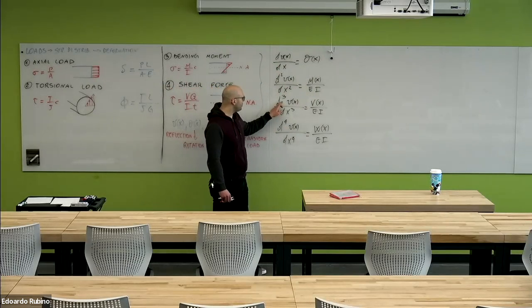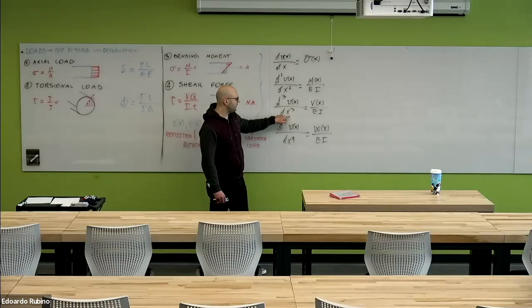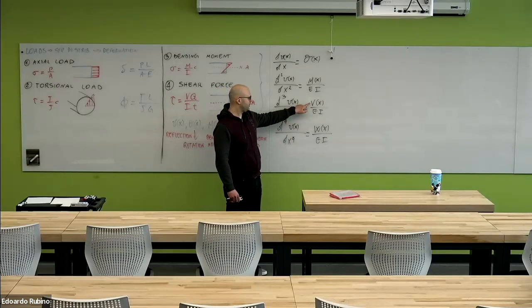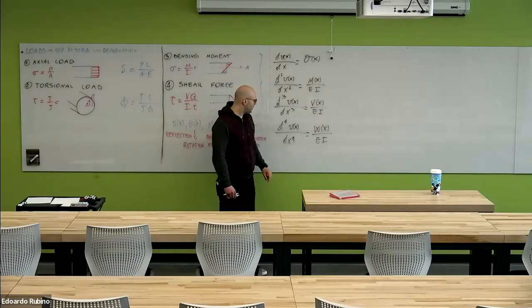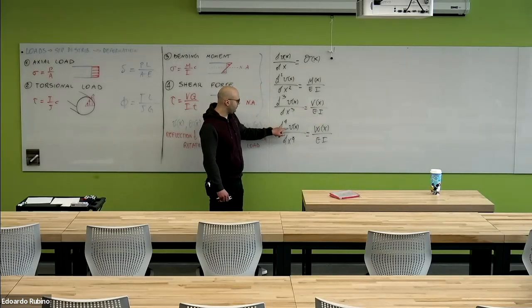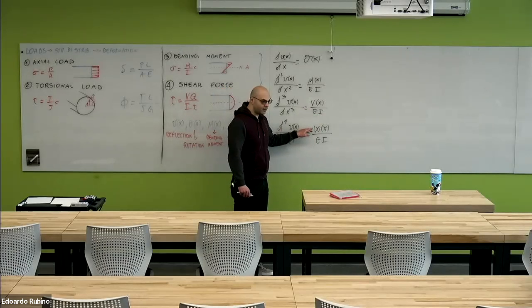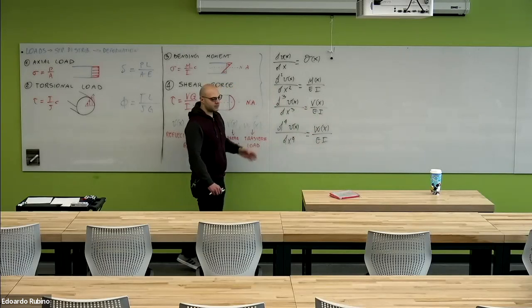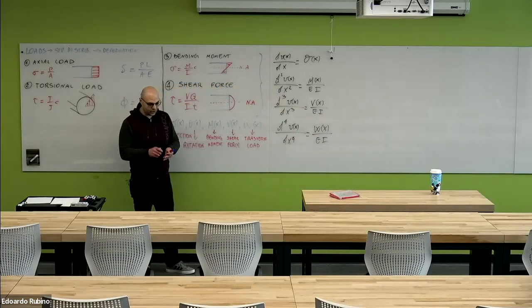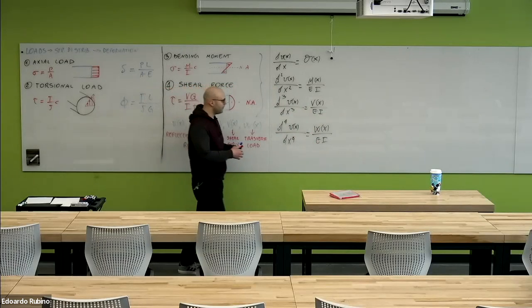Then the third derivative of the deflection with respect to the x coordinate is equal to the shear force distribution divided by EI. And the fourth derivative of the deflection with respect to the axial coordinate is equal to the distributed load divided by EI. So basically, by using these equations, we can determine the deflection of the beam.